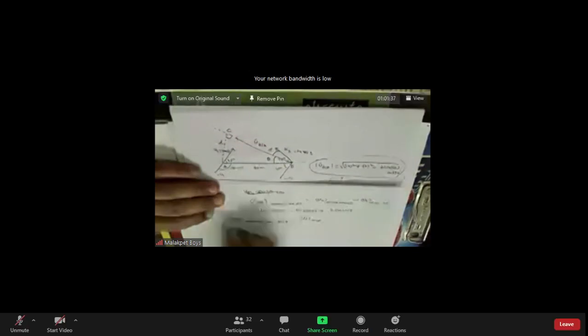It is the sum of these, because this is a result of this. So along a particular direction, take these as the same direction. Remember?